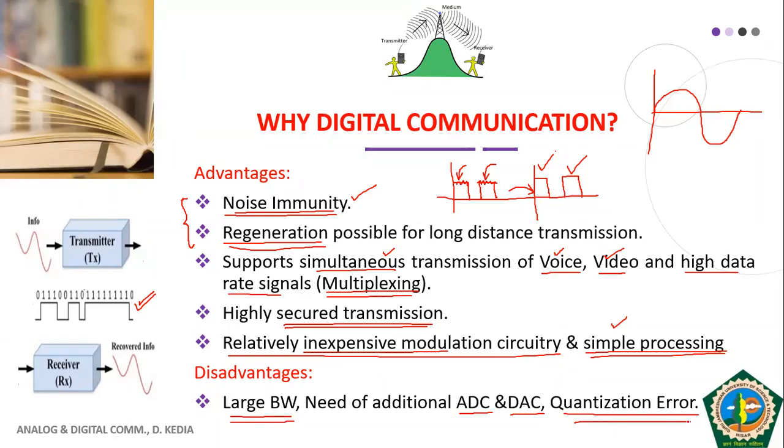Because of quantization, deliberate distortion is introduced into the signal. So these are a few disadvantages, but keeping in mind the number of advantages as compared to disadvantages, digital communication techniques are a boon for a communication engineer. Okay, next.